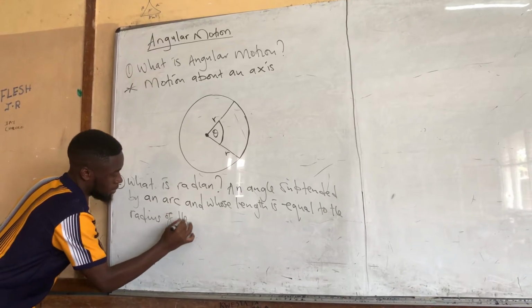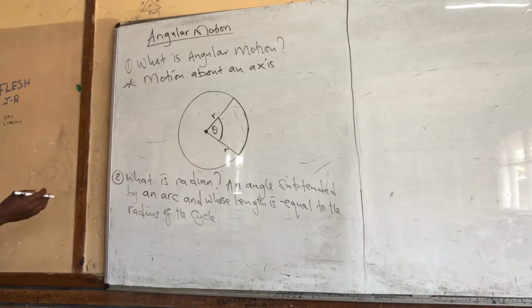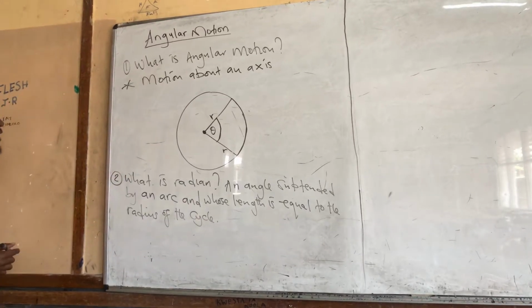Okay? So radian, just an angle that is subtended by an arc and whose length is equal to the radius of the circle here. Okay?